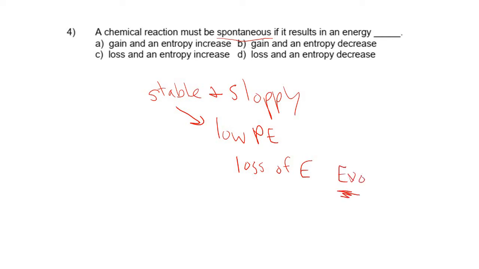Energy is exiting the system. So nature likes exothermic systems and nature likes sloppiness, disorder. So you're always going to be spontaneous when you're resulting in a loss of energy and an increase in entropy. So the answer to that is C.